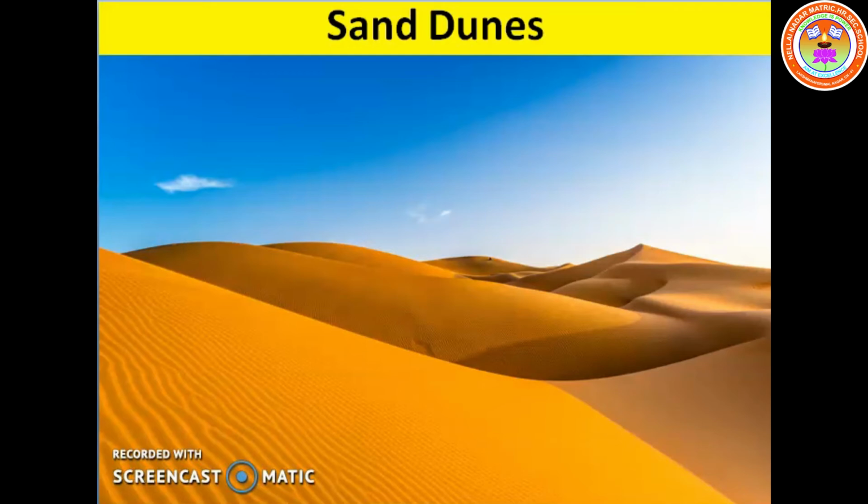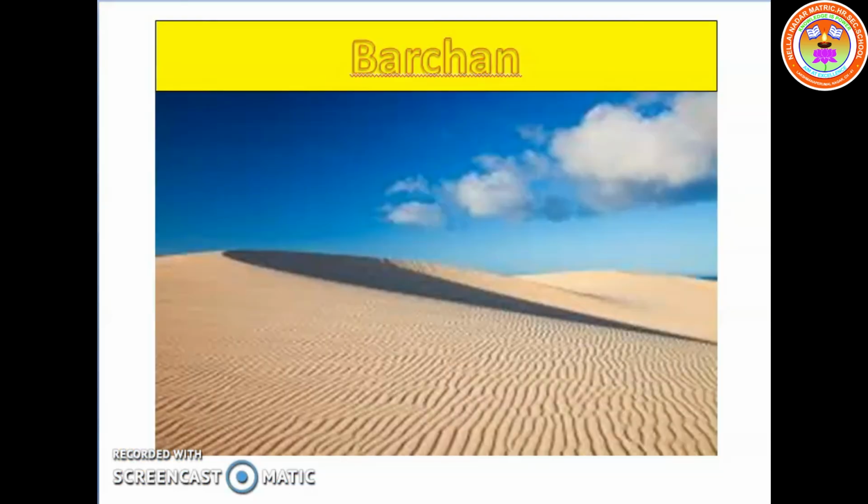Next one, the barchan. Barchans are isolated, crescent-shaped, shifting sand dunes. They have gentle slopes on the windward side and steep slopes on the leeward side. So windward side means the wind blowing side, leeward side means the opposite side of windward.